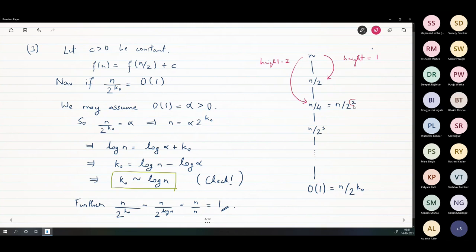So now if you're going from n to order 1, and order 1 looks like n by 2 to the k naught, for some k, what should this height be? Can somebody tell what the height is first? Yeah, height is k.